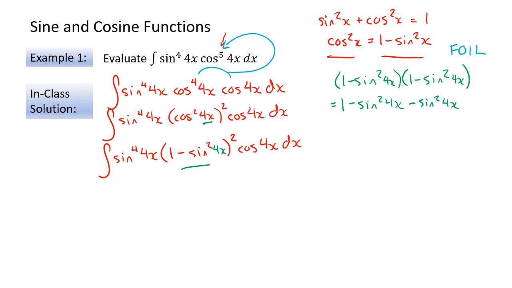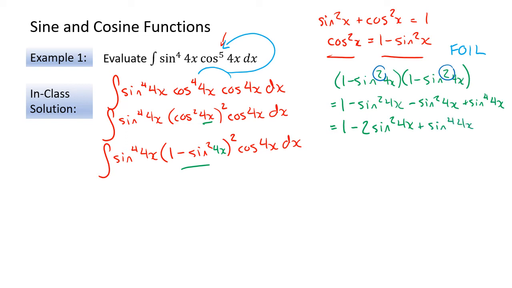And our last term, negative sine squared of 4x times negative sine squared of 4x is positive sine to the exponent 4 of 4x, adding these exponents together. So if we simplify this, we get 1 minus 2 times sine squared of 4x plus sine to the exponent 4 of 4x.